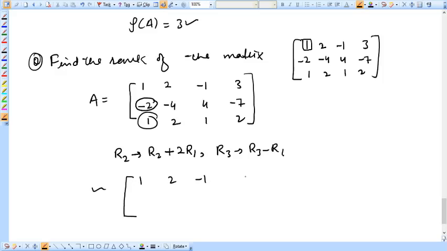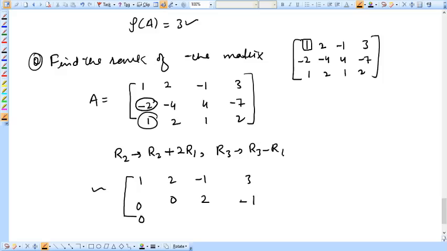When you multiply this by 2 and add it to the corresponding row, it becomes 0, and 2 times 2 is 4 plus minus 4 is 0, and this would be 6 plus 7.